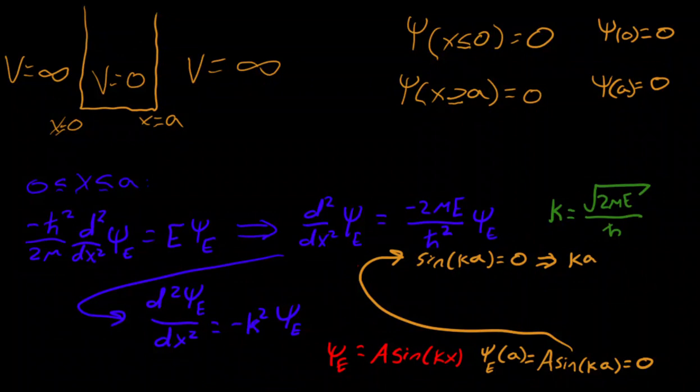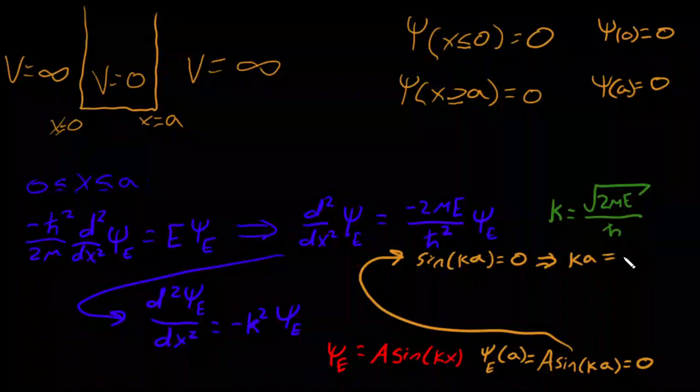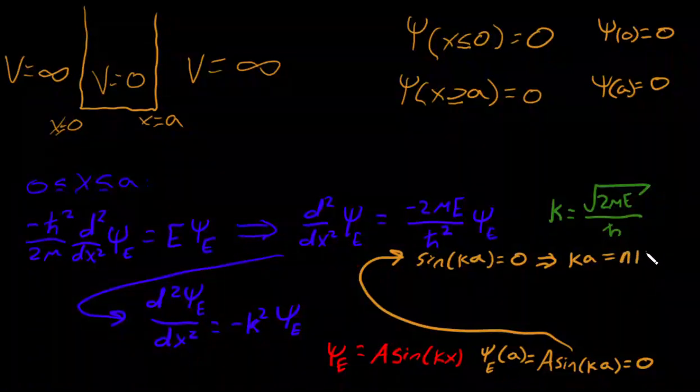Sine is 0 when its argument is a multiple of pi. And so we could write this as ka equals n pi, where n is an integer: 0, 1, 2, 3, 4.